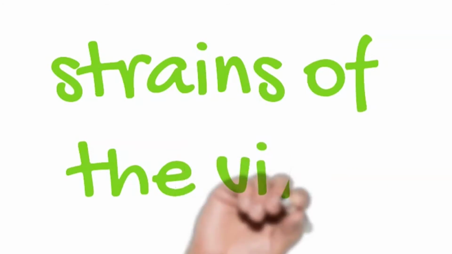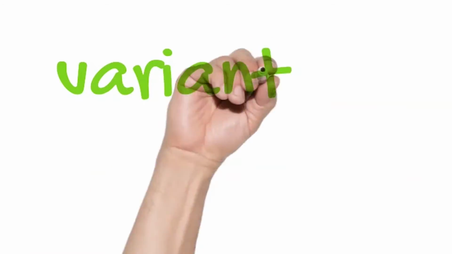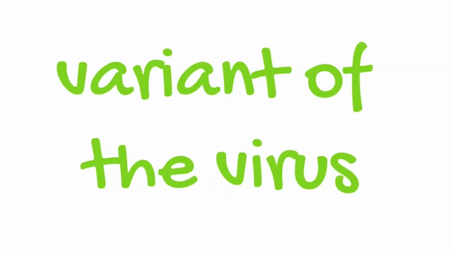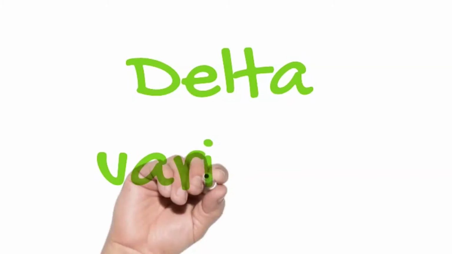Now, a very common word you might hear today are strains or variants of the virus. A strain is a mutation of the virus, and it's a synonym of the variant. So you hear now a lot of places in the world have a problem with the Delta variant or the Delta strain of the virus.